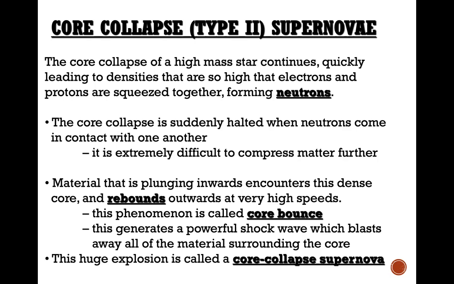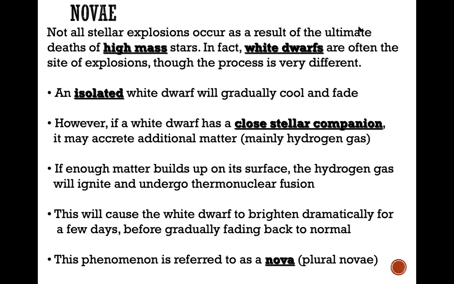As a result, you have a very dense core of neutrons, and then these materials bounce back at very high speeds with all these shock waves, which creates a blast, which we also call a core collapse supernova, right? So that is how a supernova is created.